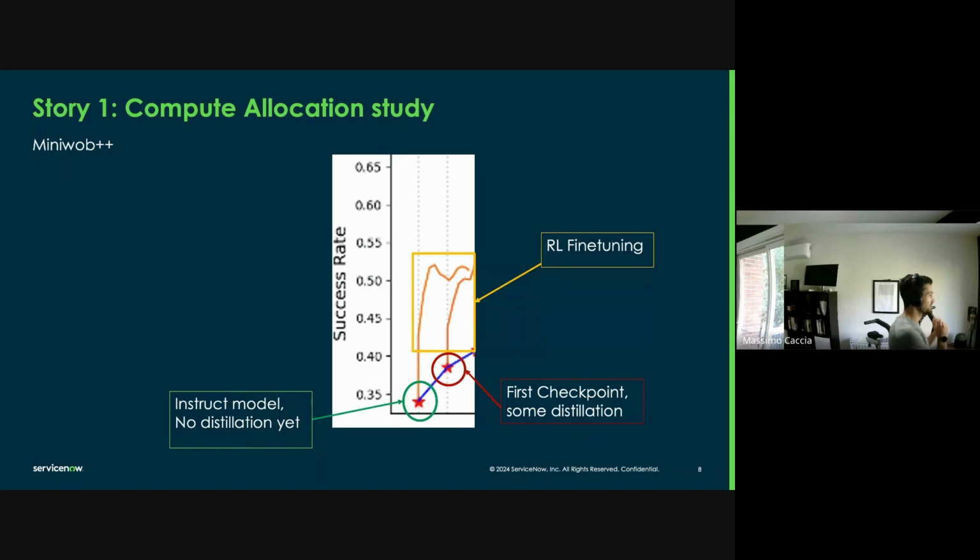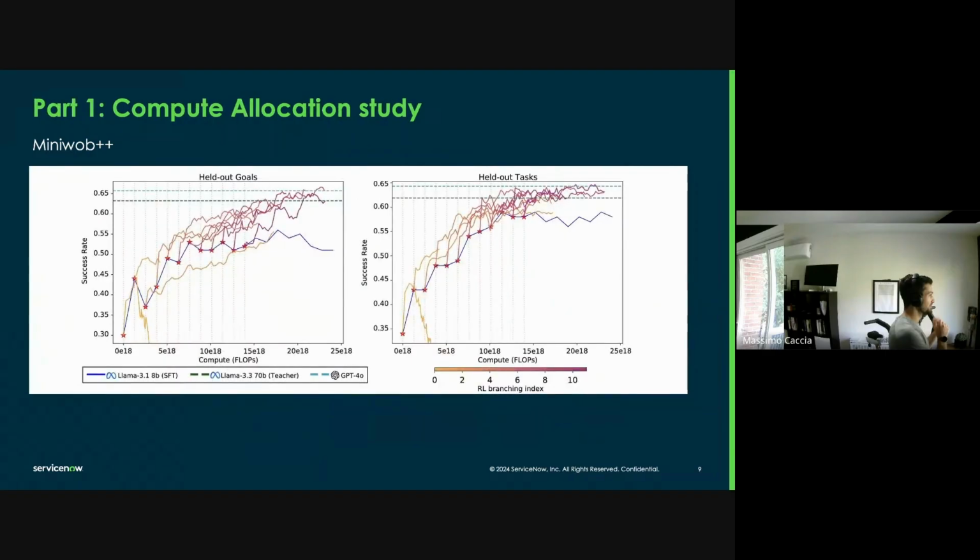So the model now starts to train on its own in the environment of interest. Hopefully that was clear. So now maybe you understand a bit more the graph here. On the left, by the way, you have the performance on held out goals.